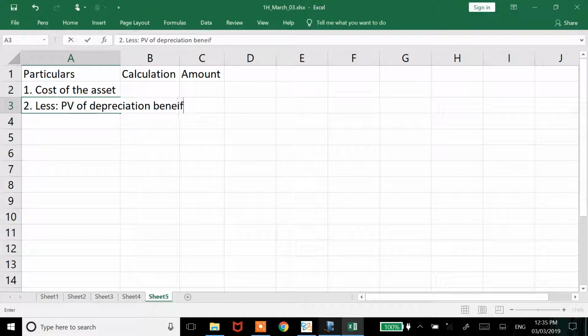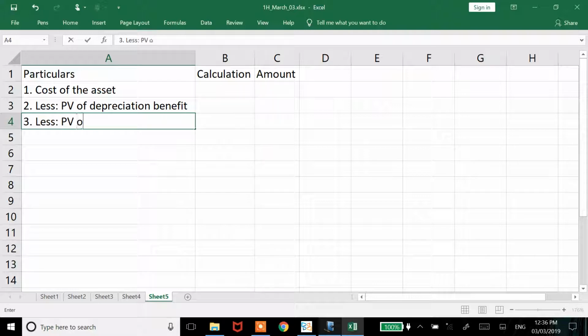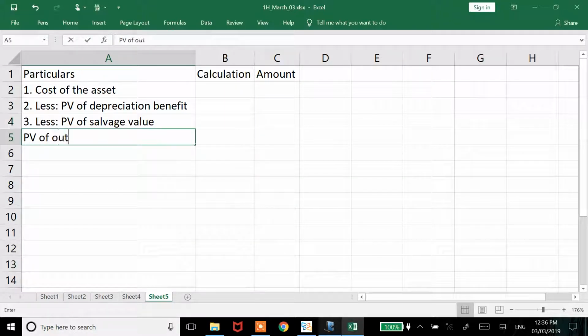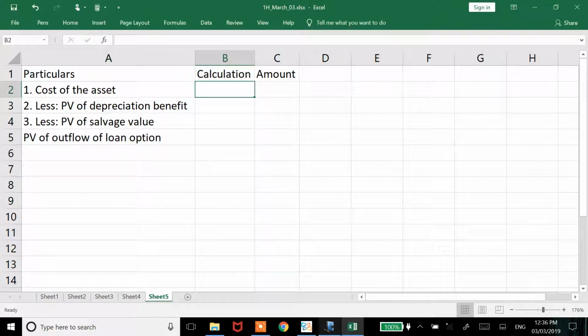Cost of the asset less present value of depreciation benefit less present value of salvage value gives the PV of outflow of loan option. What's the cost of the asset?